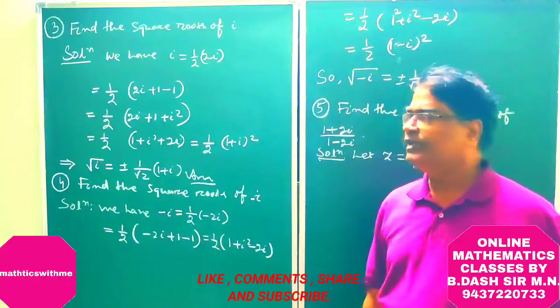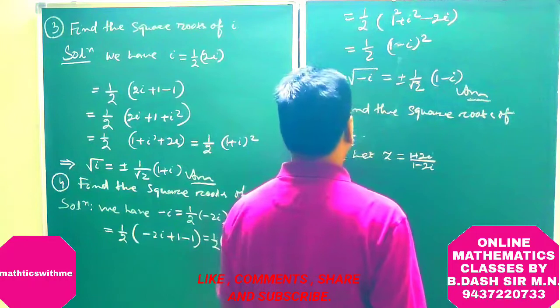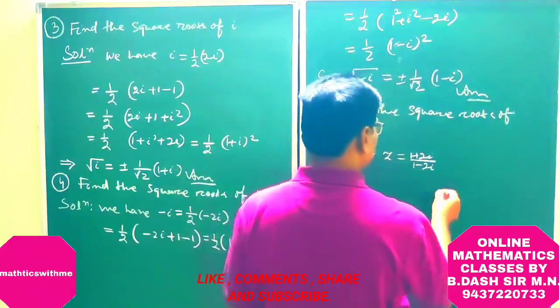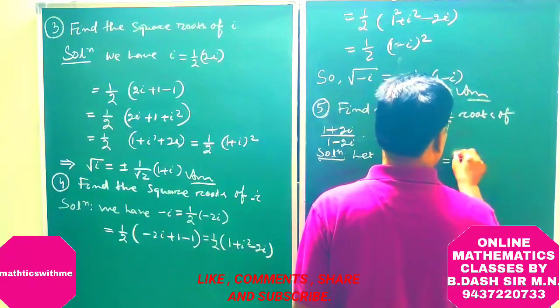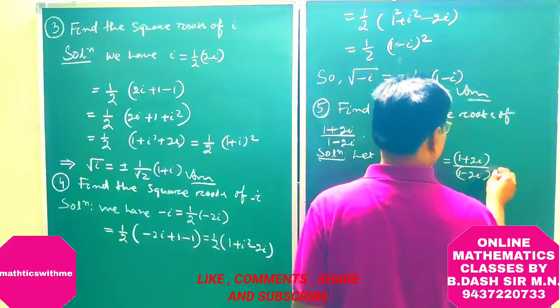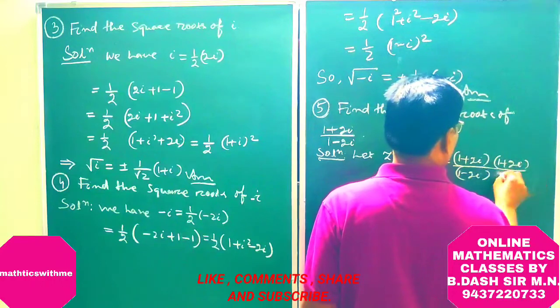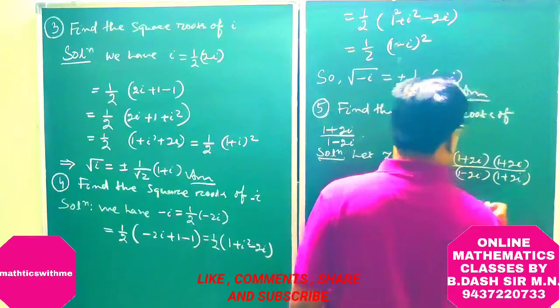Our next question is: find the square roots of (1 + 2i)/(1 − 2i). So let z = (1 + 2i)/(1 − 2i), multiplying (1 + 2i) in the numerator and the denominator.